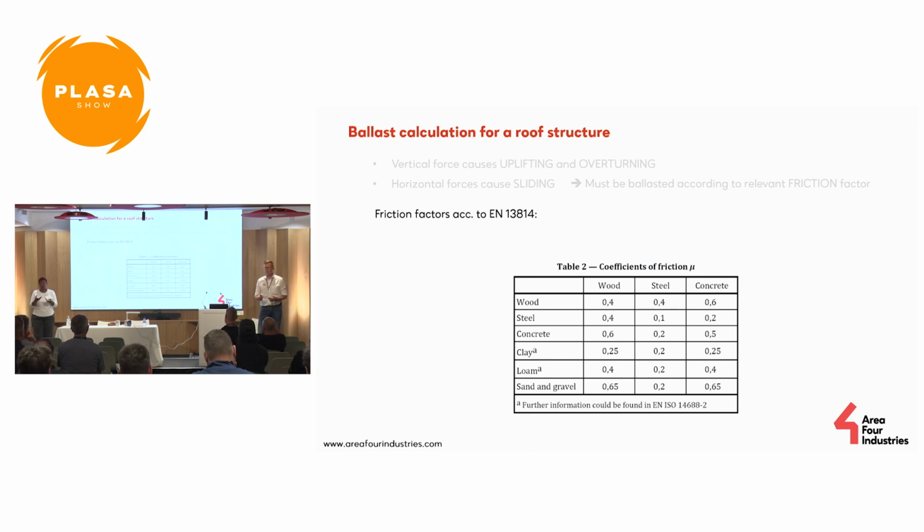So when you ride with your ice skates with very thin metal blades on ice, the friction is very low. And when you have the rubber tire of your car and push the brake, you have quite a lot of friction between the rubber and the asphalt of the street. And the same applies for temporary structures. In the standard for temporary structures, different friction factors are described depending on what combination of materials you have.